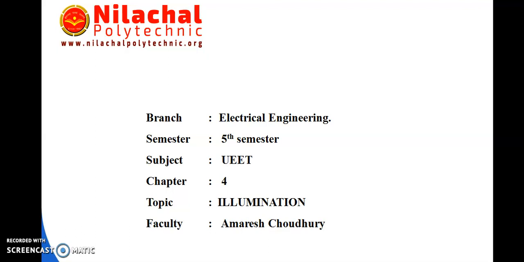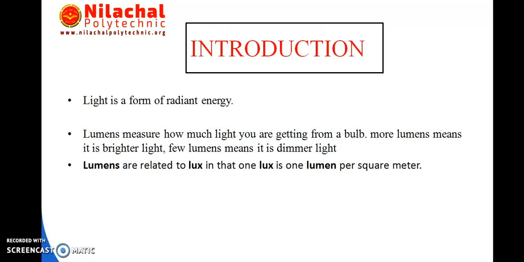First we will discuss the introduction and the terms in illumination. What is light? Everybody knows light is a form of radiant energy. Lumen measures how much light you are getting from a bulb.